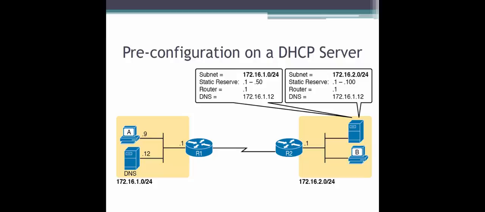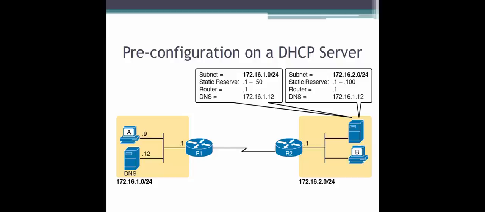That's different from an exclude, because the exclude will just say, do not use these addresses. Next, our default gateway or router address. And we could also set up things like a DNS server. We could also set up things like a domain name and a lease time if we wished.